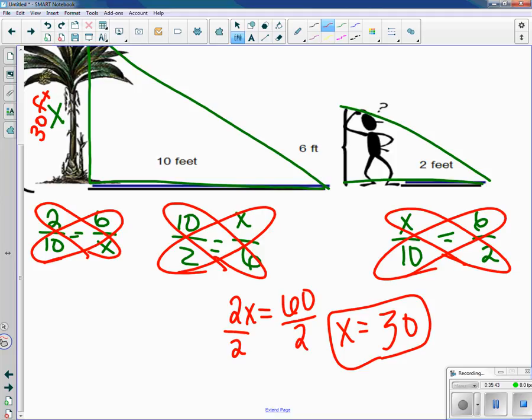Now, next class, you all are going to find the height of the flagpole, the height of the light pole, and possibly the height of the building using this.